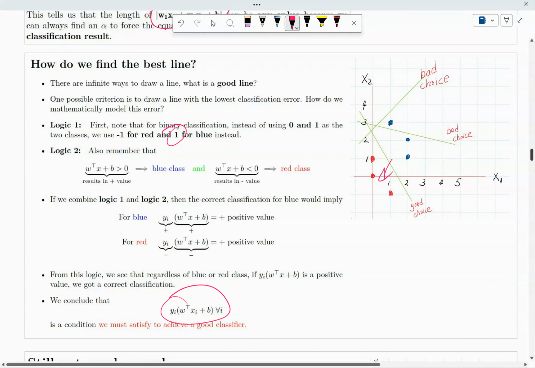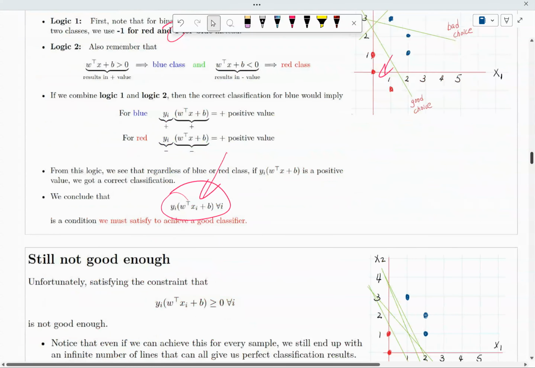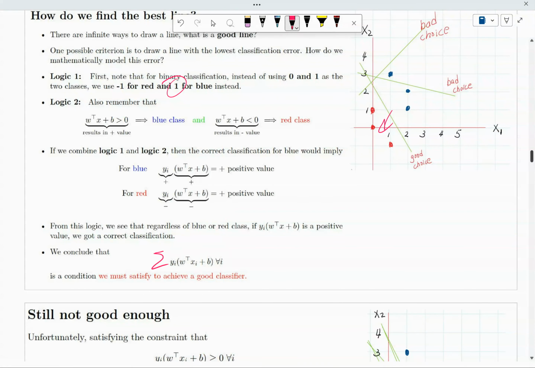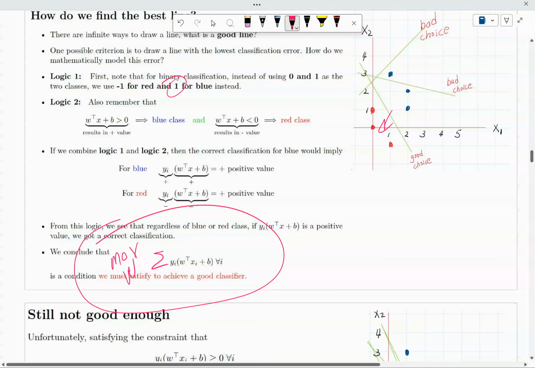If for all the points you put in, all of them are positive, it means you picked a good W. So if we sum up all the possible points and maximize, so we find a W that maximizes this relationship, then we will essentially find a W that makes everything positive, hence correctly categorizing each sample.